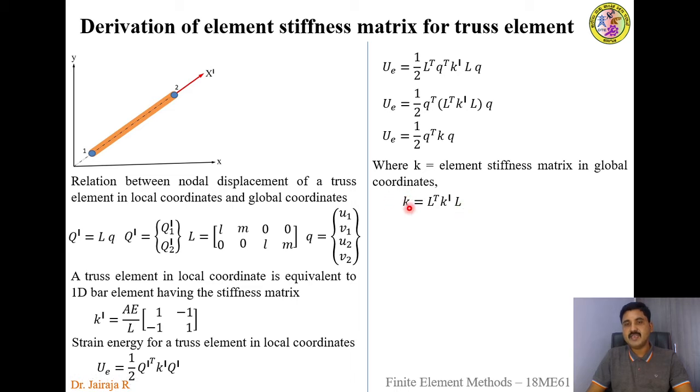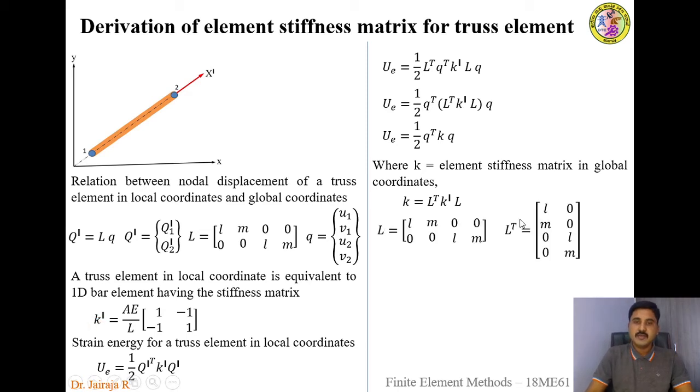This is the element stiffness matrix for the truss element in global coordinates, whereas K dash is the element stiffness matrix for the truss element in local coordinates. We know L is the transformation matrix containing the direction cosine terms l m 0 0, 0 0 l m. In L transpose, rows are converted into columns.